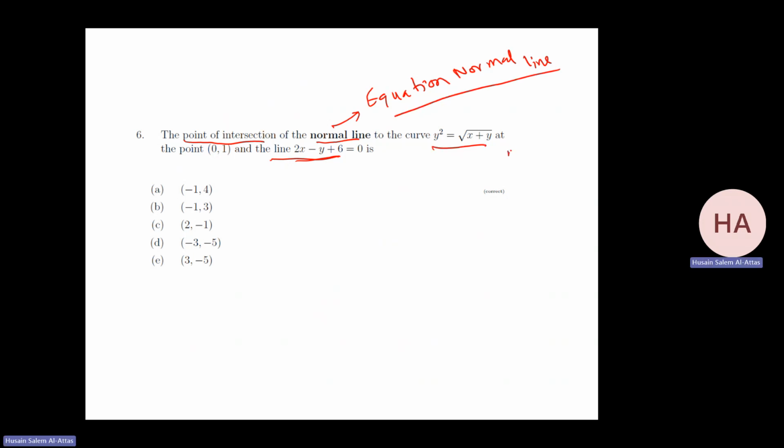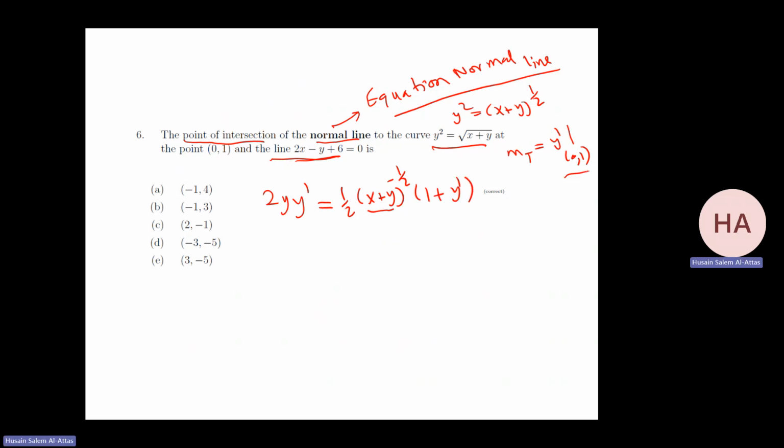I can find m tangent, which is y prime at the point 0, 1. Differentiate. I have 2y y prime, I have y squared equal x plus y to the power half. That will be half x plus y to the power minus half, derivative of this, 1 plus y prime.